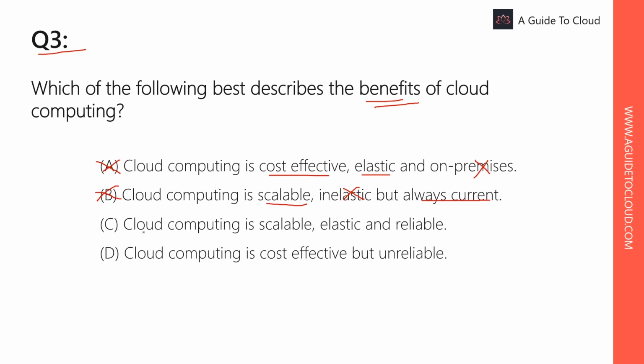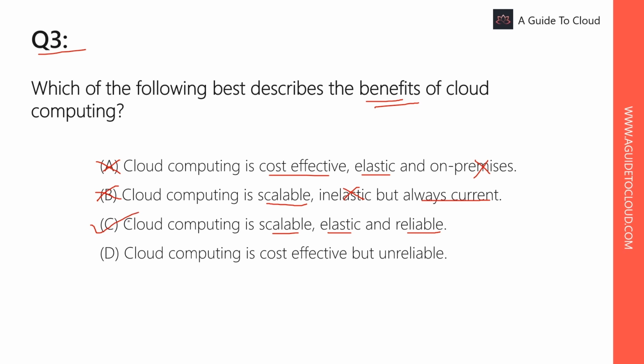So the third statement is cloud computing is scalable, elastic, and reliable. So it ticks all 3 boxes. You can scale up and down, which is elastic, and cloud computing is reliable because the cloud service provider takes care of the high availability and disaster recovery and things like that for you. So this is going to be the most likely answer.